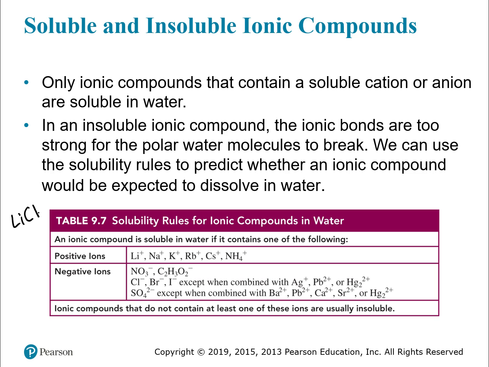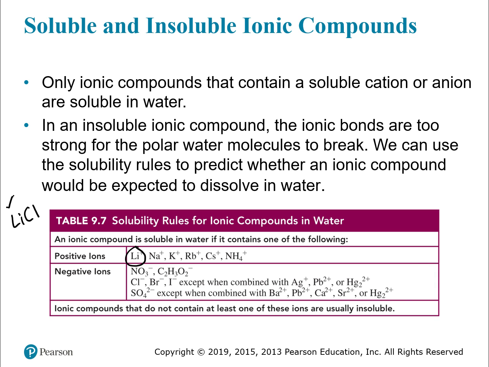Let's say that we had lithium chloride, and we needed to figure out whether it would be soluble or insoluble. You look at the table. An ionic compound is soluble in water if it contains one of the following. We see the lithium ion. Okay, well, we have that in ours.